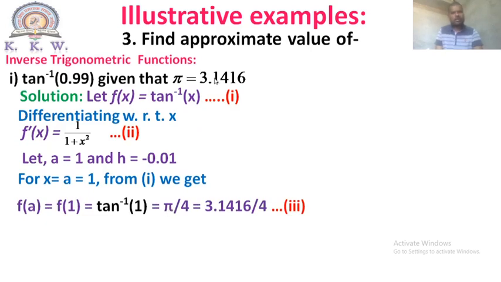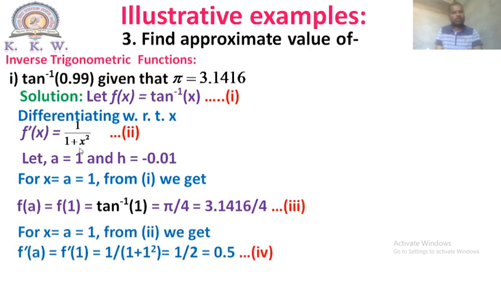So value of pi is 3.1416. That value will get f of A is equal to f of 1 is equal to 3.1416 divided by 4. And f dash of A is f dash of 1 is 1 upon 1 plus 1 square equal to 1 upon 2. Therefore, it is 0.5.